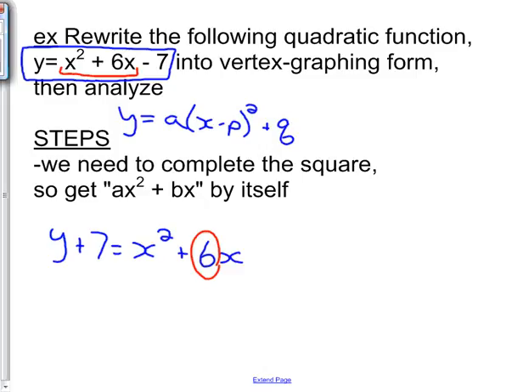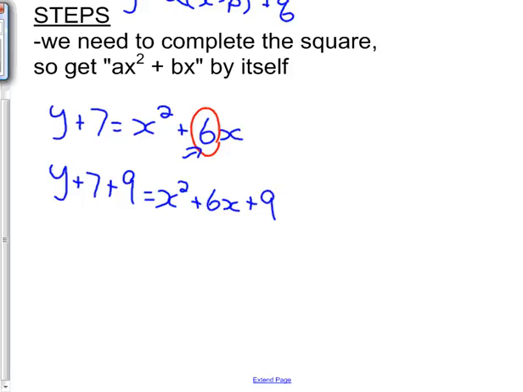Now I can take 6, take half of it, 3, square it, 9, add that to both sides. Okay, so we just add our 7 and our 9 over here. And then that polynomial over there.